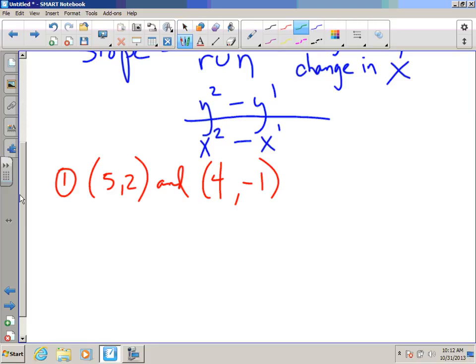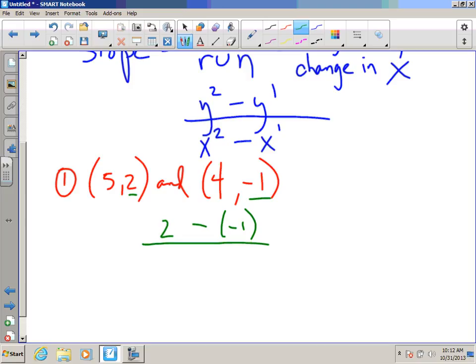If we were to plug in, it doesn't really matter. Let's use this first. Let's use that y, just knowing that I'm using this one first. 2 minus, what's this one? Okay, 1.